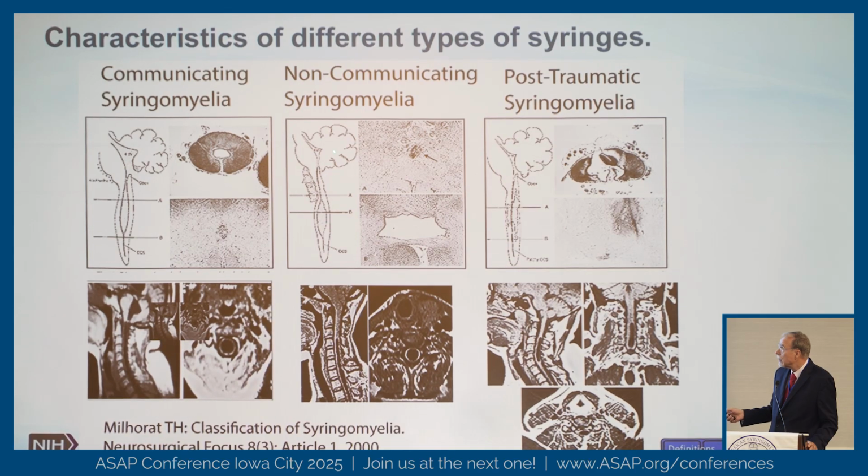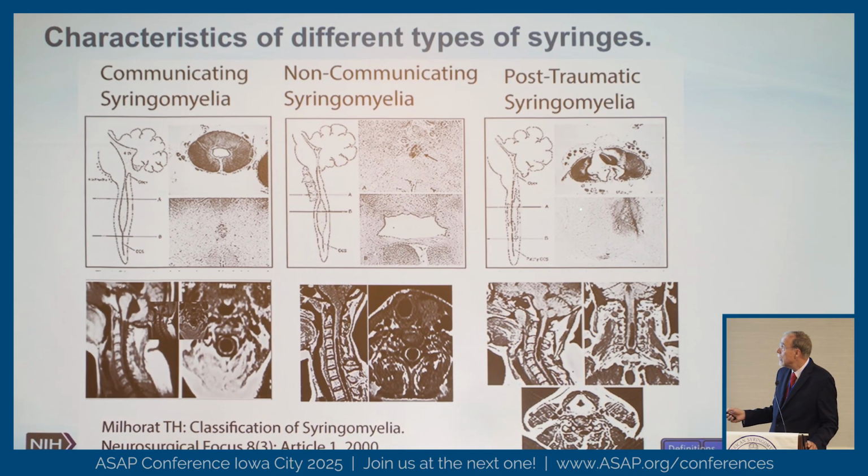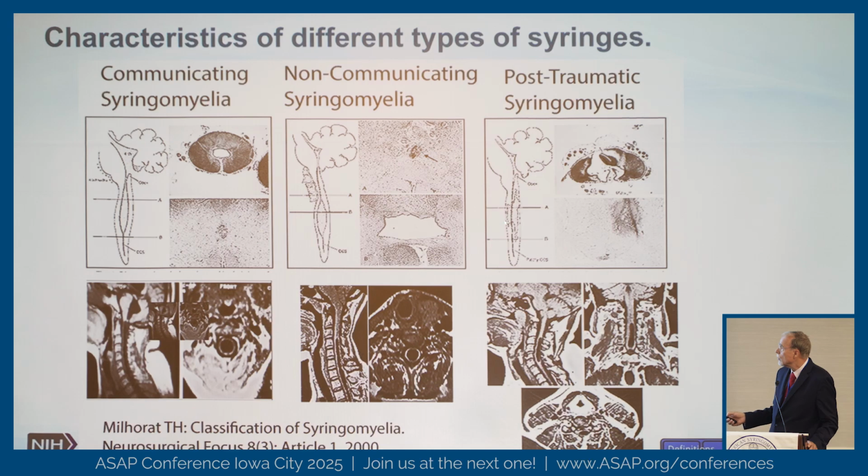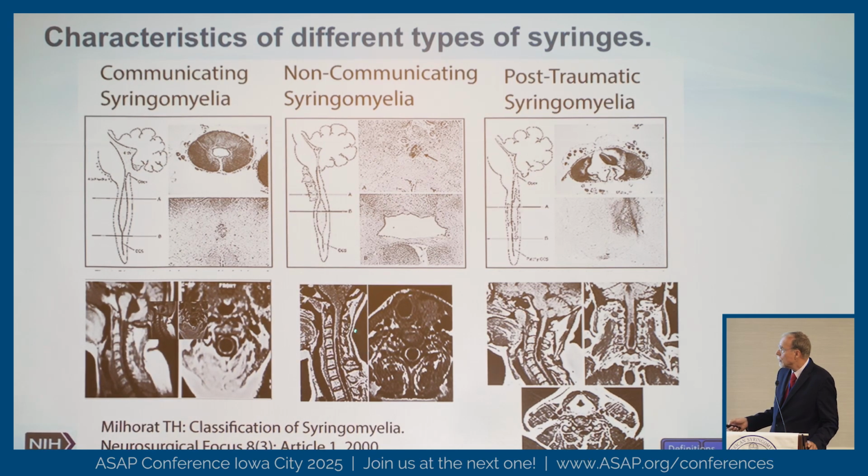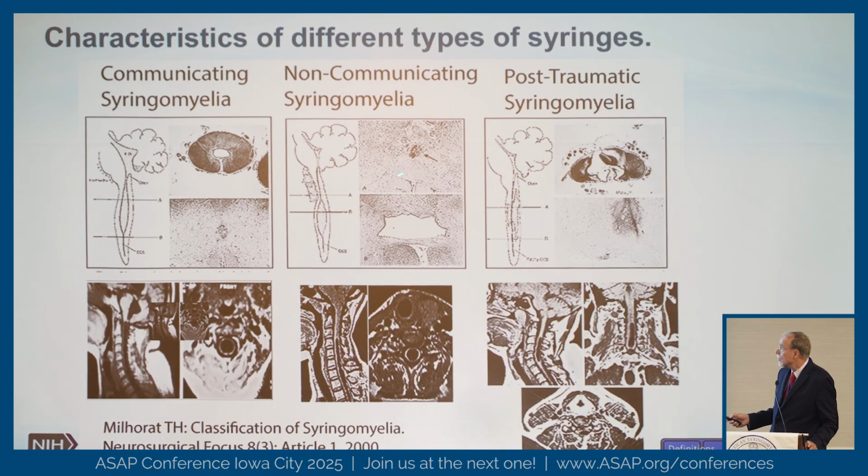And then there's another type called post-traumatic, where you have a cyst in the spinal cord that's off to one side. So the communicating and non-communicating are in the middle, and the post-traumatic is off to the side and doesn't have to connect with what's called the central canal in the middle of the spinal cord.